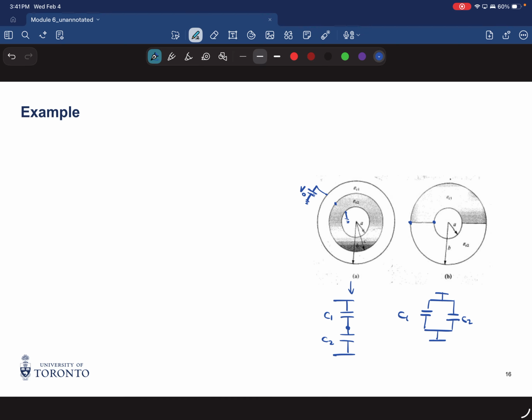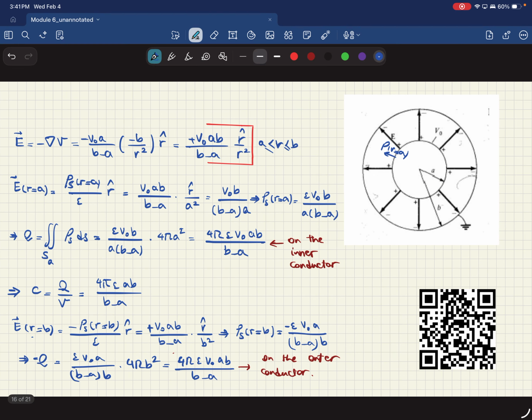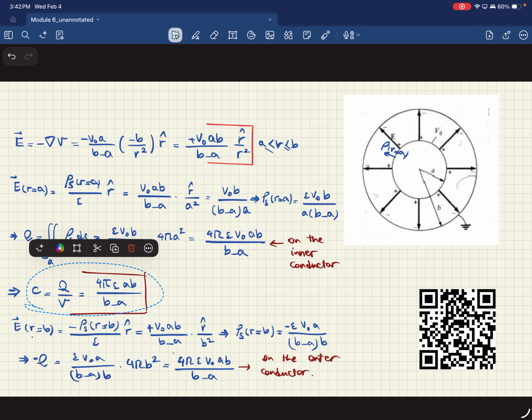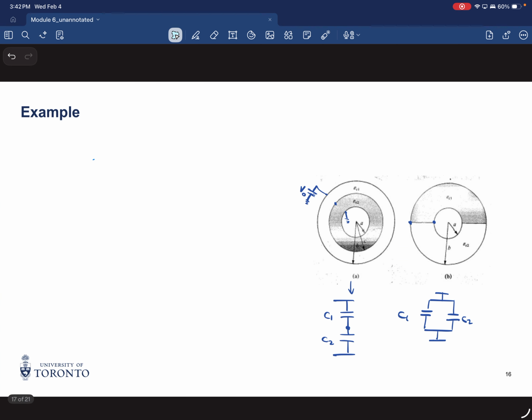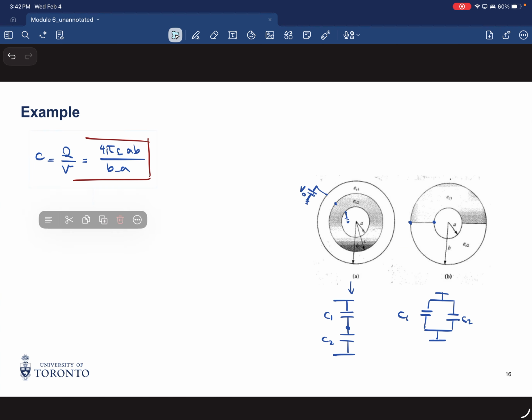Okay. So now the only thing we should know is that if you go back here, the capacitance was 4 pi epsilon multiplied by the radius of the inner and outer over the difference between the two radii. So let's bring this one here, so we remember it. This is our general one.